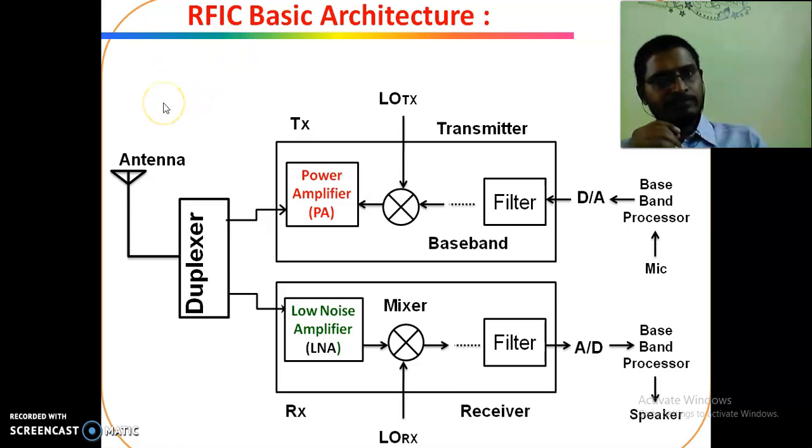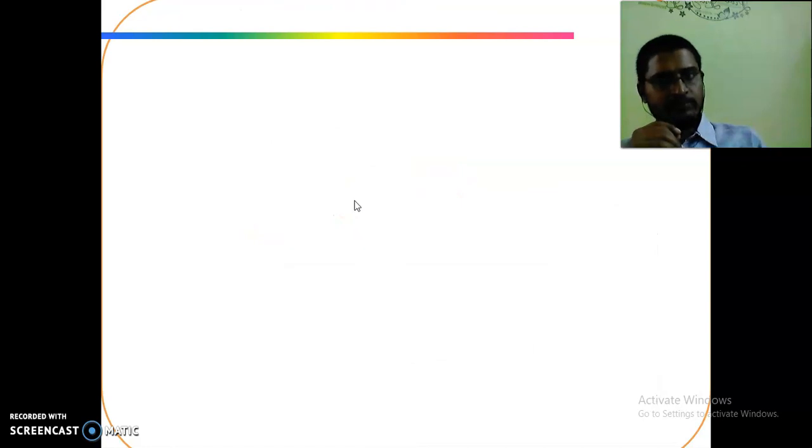On the receiving side, the signal is received by this antenna and given to the LNA which will amplify the weak signal, then to the mixer, then to the filter to perform some filtering operation, then analog to digital, the baseband processor, and that is given to the speaker. So this is the basic architecture of the RF system.